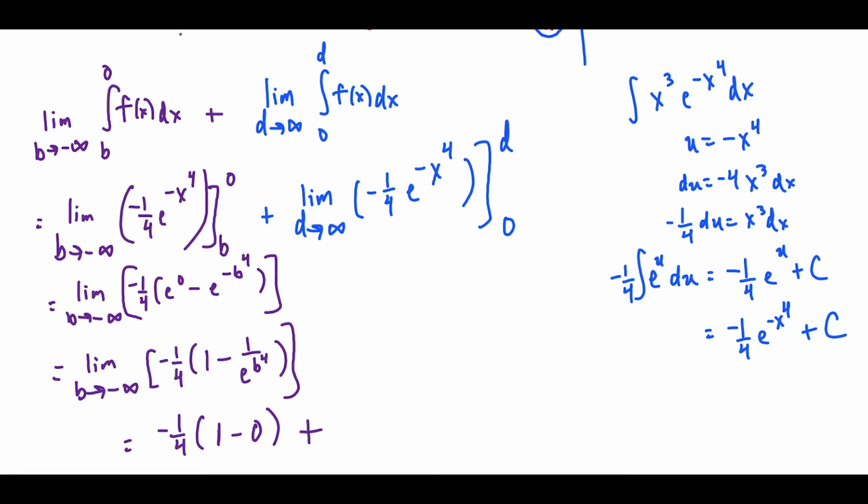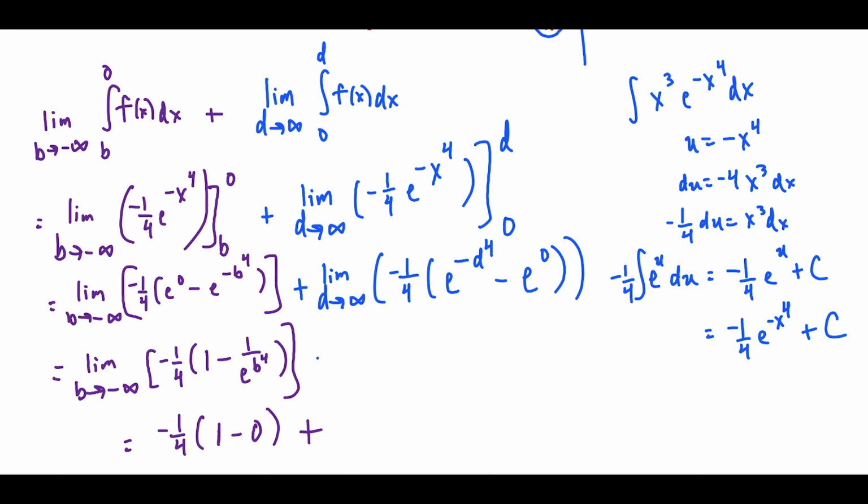Going forward, we've got the limit as d goes to infinity, and negative 1/4 on the outside, e to the negative d to the fourth power, and then minus e to the 0.